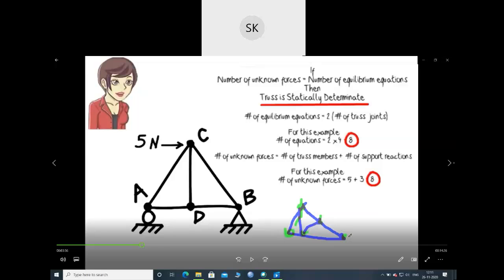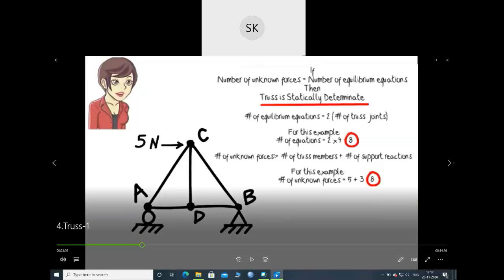So I have 5 joints, right? So my equations will be 10. Now members will be 1, 2, 3, 4, 5, 6, 7. So there will be 7 members, and I have 2 supports. One will be roller and one will be pin. So reactions will be 3. So it will be 7 plus 3, that's 10. As both values are equal, my truss will be statically determinate.